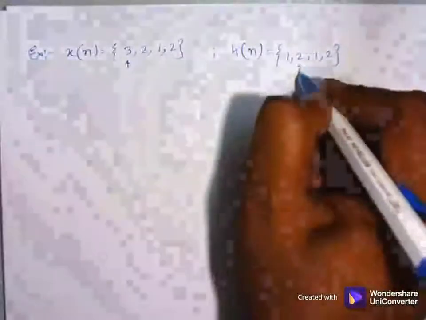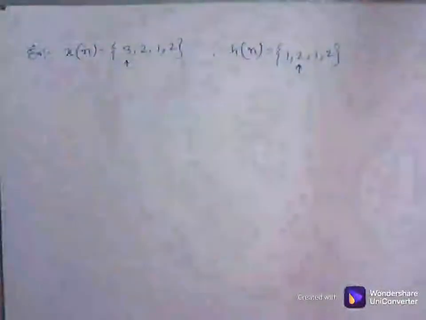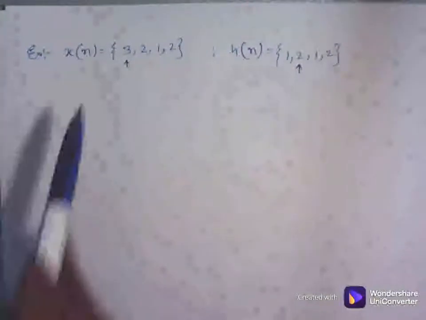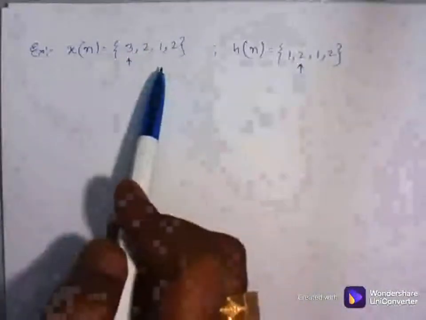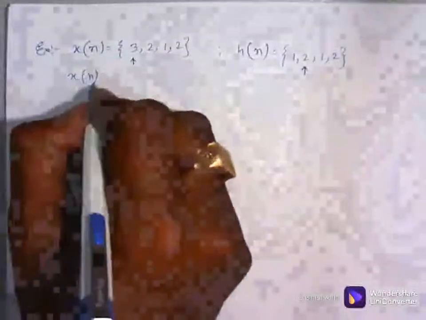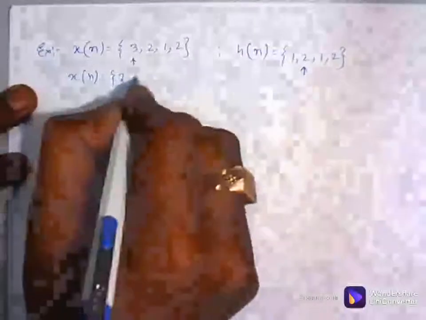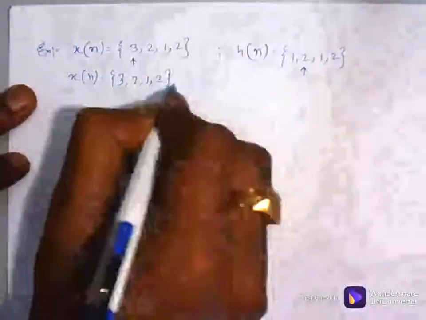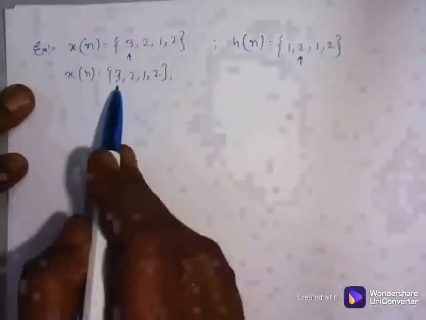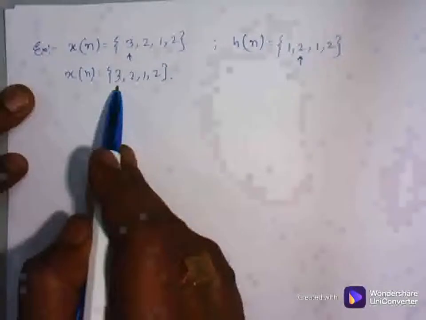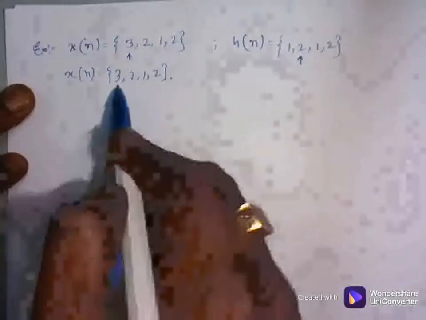If in a question the arrow is not given for a sequence, then by default you have to choose the very first value of the sequence as n equal to 0. So it is started from 3.